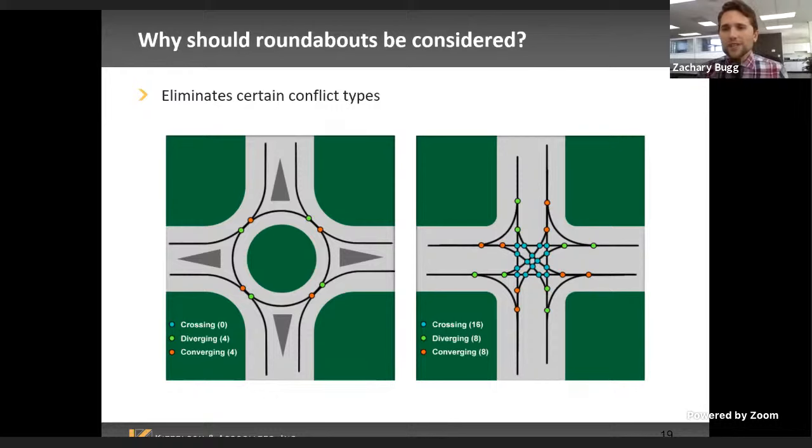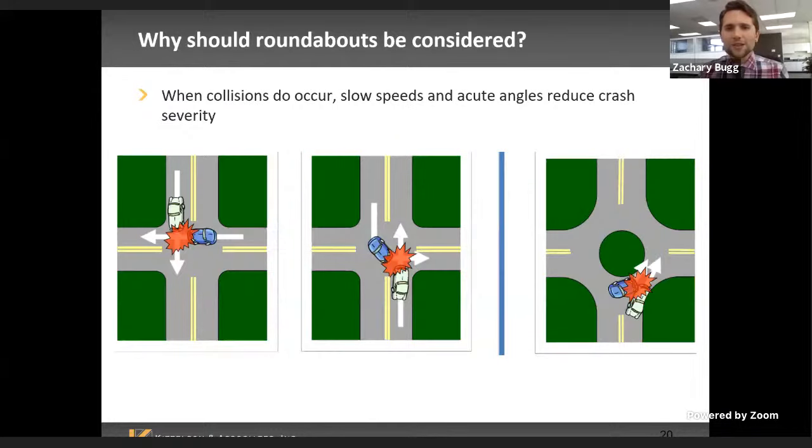So conflict points, they're not equal. The severity of the crash has been correlated with the type of conflict point. Where you have these crossing conflicts, you get acute angles, and those tend to be your most severe crashes that tend to have a higher proportion of injuries and fatals.